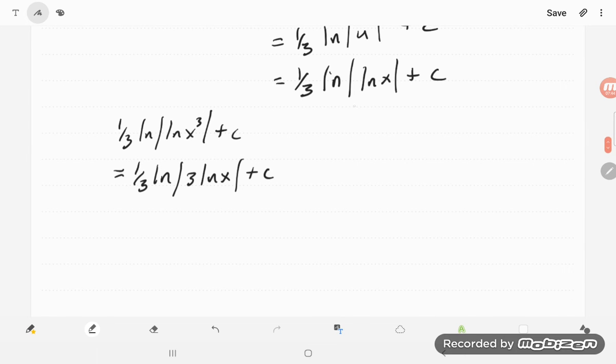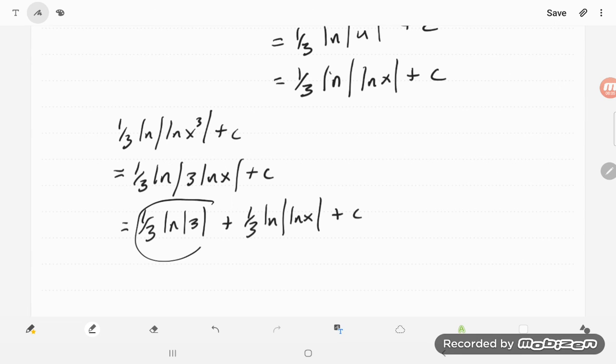So that doesn't quite look like that, right? Now I can also say then that's 1/3 natural log of the absolute value of 3 plus 1/3 natural log of the absolute value of the natural log of x plus c. Okay. Now that's a constant.